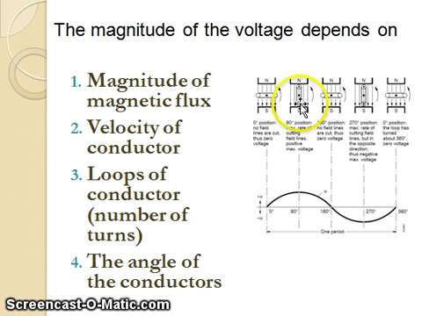But in this situation, where the movement of the loop is vertical, you see the loop is moving this way, and it is cutting the line of force at maximum, and here you get the maximum EMF produced.